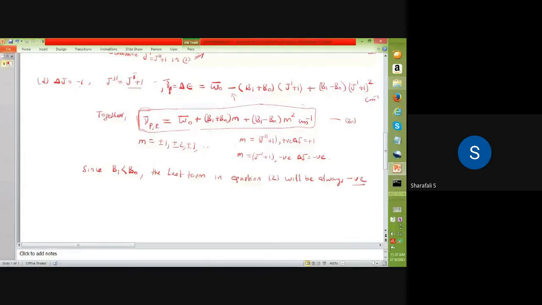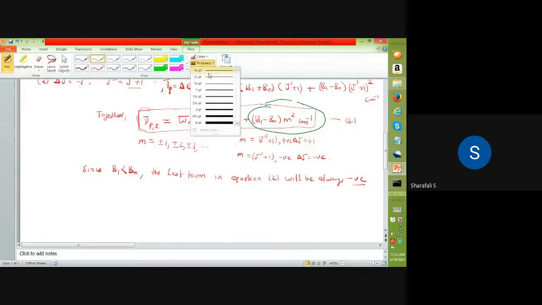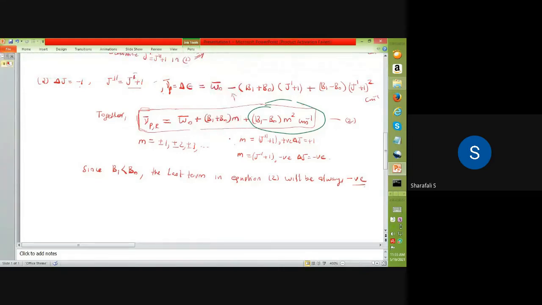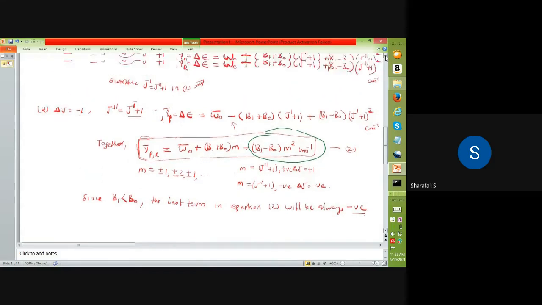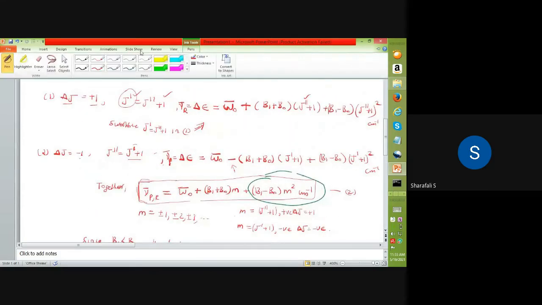When you are considering B1 and B0, B1 is smaller than B0, so this last term, b1 minus b0 times m squared, will be always negative. That term will be always negative. So what happens when you are considering the separation between lines in the R branch? Okay, so you can see from here, for the case of the R branch, we have here.